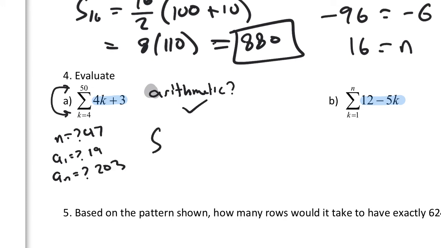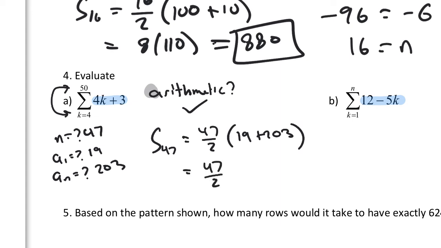So now I can do S sub 47 equals n over 2 times 19 plus 203, first term plus last term, and we get 47 over 2 times 222. That's 47 times 111, which is 5,217.